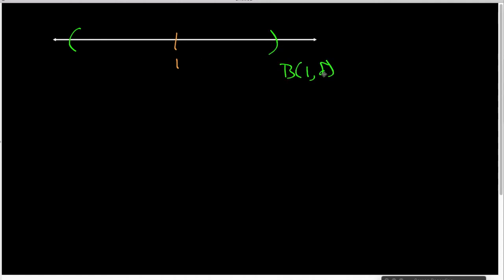So here's my number line. And I'm going to kind of blow the number line up so that we can see exactly what's going on. Here is 1. Here is my delta ball. So this is 1 plus delta, and this is 1 minus delta.